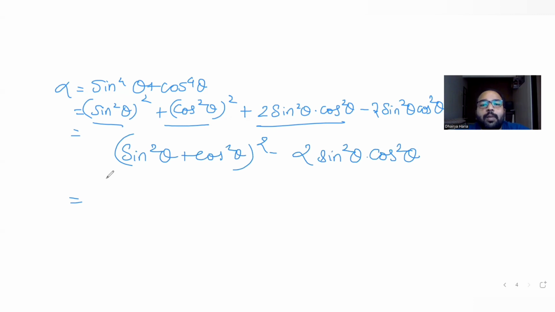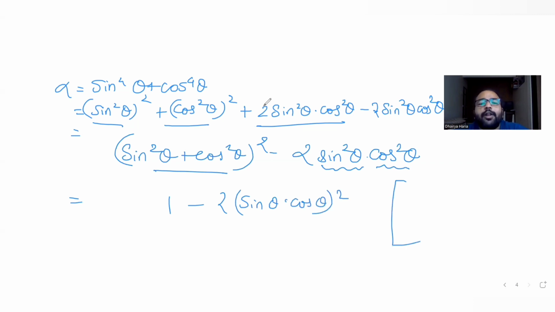So sine square theta plus cos square theta, that is 1. 1 square is 1 minus 2, I can write this as sine theta cos theta the whole square. Now you already know the formula from double angle that says sine 2 theta is 2 sine theta cos theta.